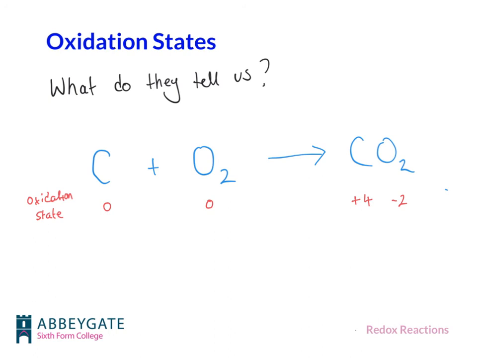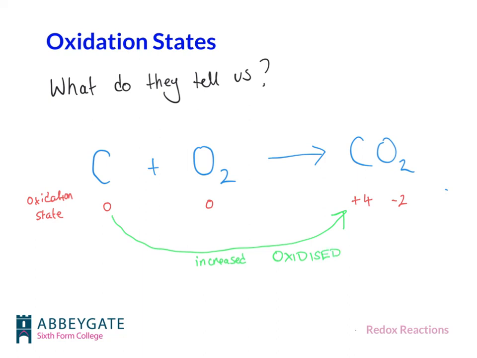So if we consider how the oxidation state has changed during the reaction, the carbon has gone from 0 to +4. So its oxidation state has increased. And if the oxidation state increases during a reaction, then it follows that that species is being oxidized.